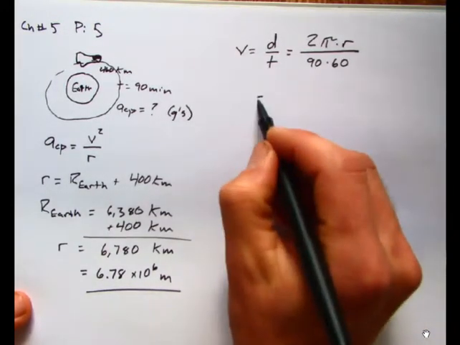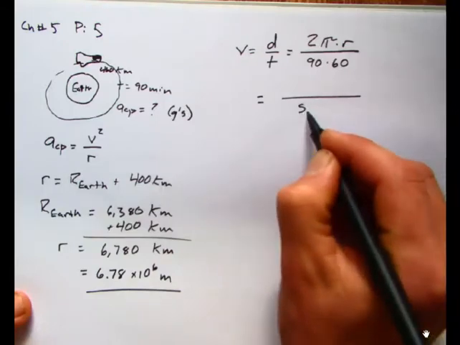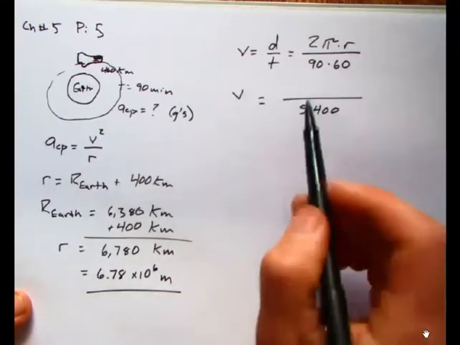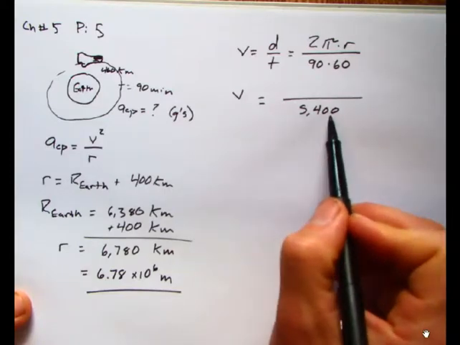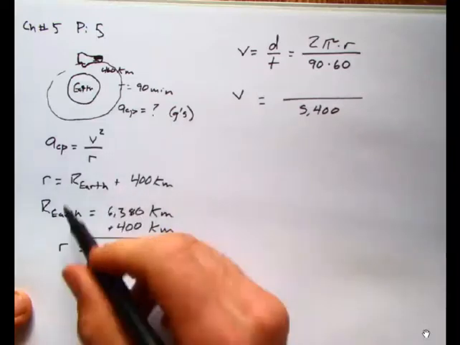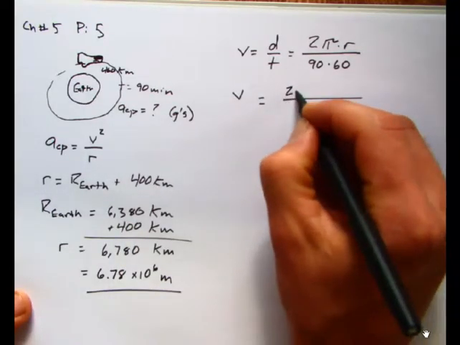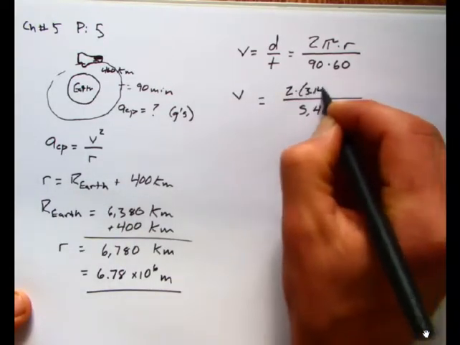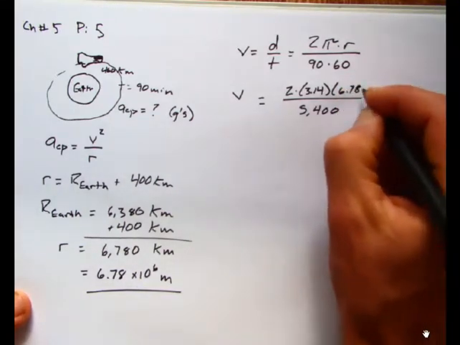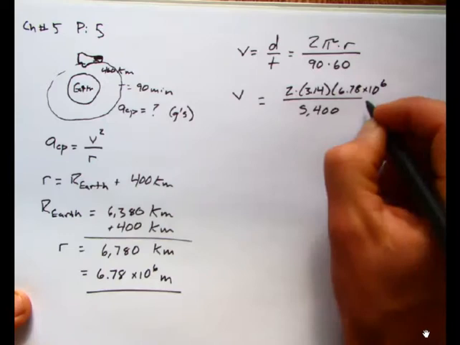So really, it's just a little bit of math from there. So our speed would be 5,400 seconds. Pardon me, that would be the time. And then the distance would be 2 times 3.14 times our radius, which would be 6.78 times 10 to the 6th.